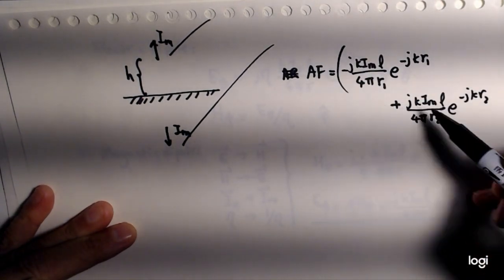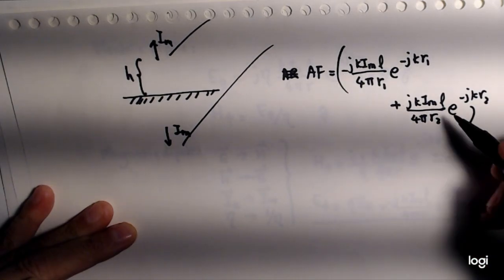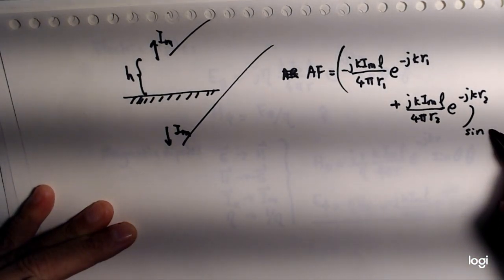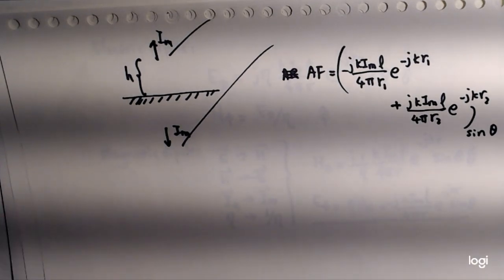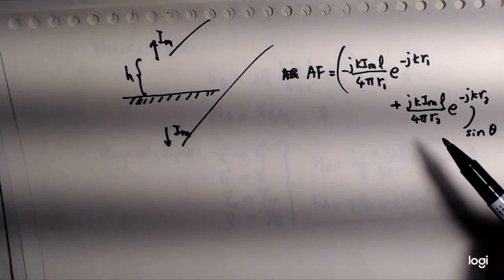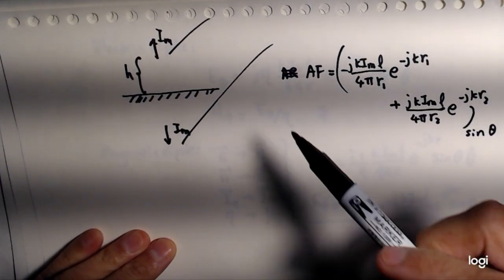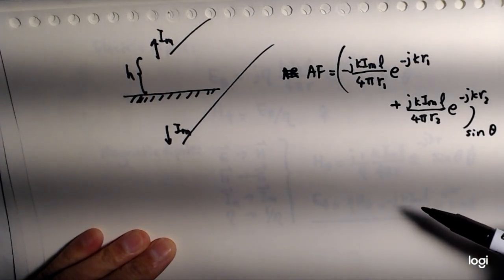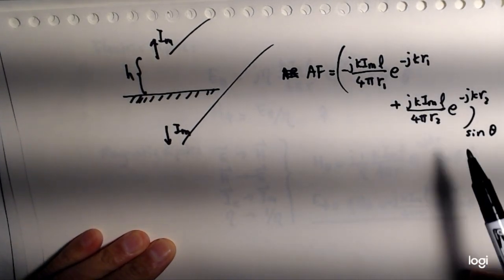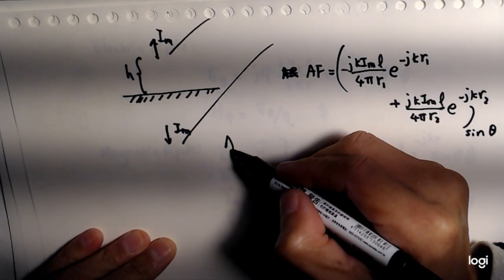And when both add together, when we multiply it by psi beta, this is the total contribution of electric field as detected by the observer. So we are going to simplify this equation.